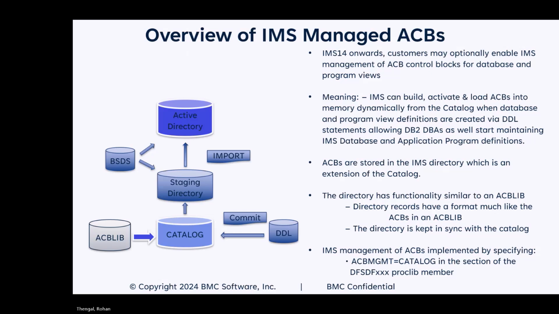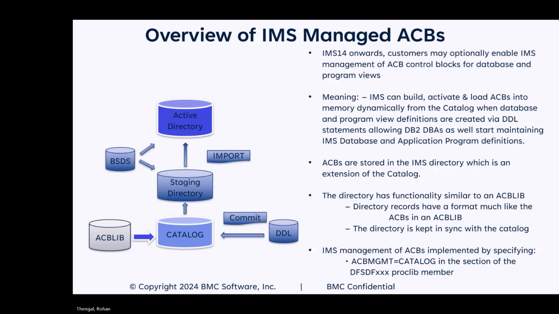Once you do commit through DDL, then we can directly generate control blocks at runtime, and that's the advantage of having managed ACBs. The staging directory dataset stores ACBs that are pending for activation, while the active ACB datasets are the system datasets that are automatically managed by IMS. The bootstrap dataset basically contains the information about the directory datasets.